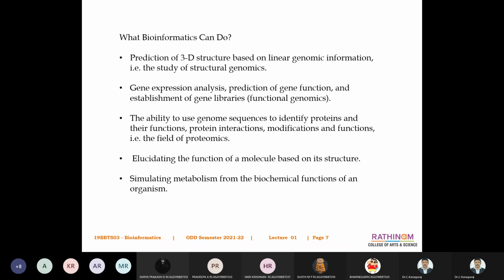So next one is gene expression analysis, the prediction of gene function and establishment of gene libraries. So it's called functional genomics. So how the genes are expressed. நம்மளுடைய genes கிட்டத்தட்ட 1.4 billion proteins இருக்கு. அந்த proteins எல்லாம் எப்படி எக்ஸ்பிரஷன் ஆகுது.